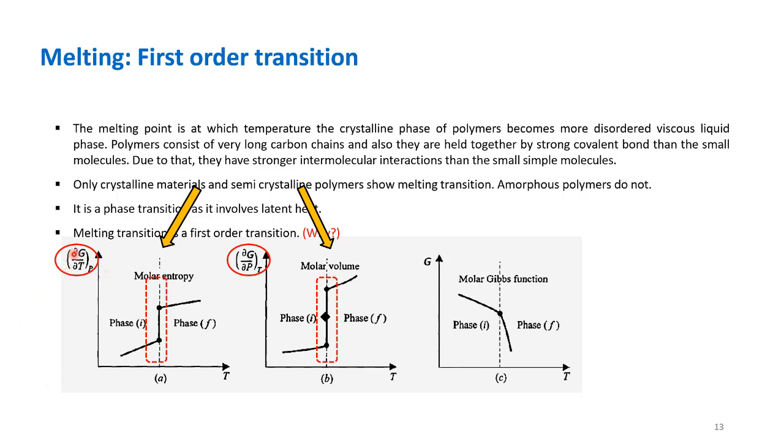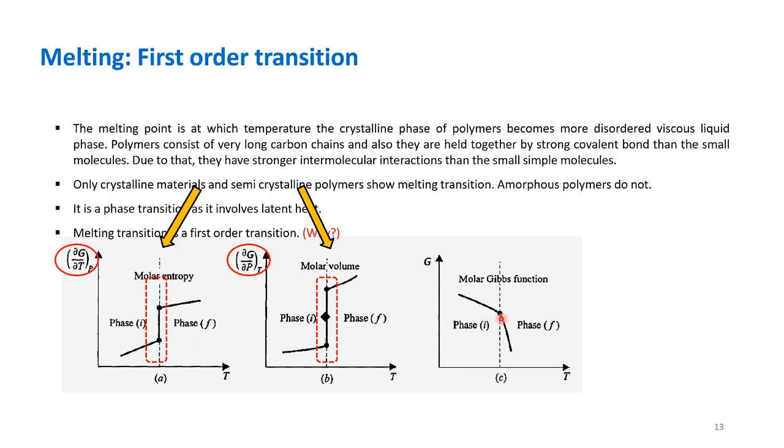From the Gibbs equation, you get this relation between delta G by delta T at constant pressure with respect to temperature, and then again this is delta G by delta P at constant temperature with respect to temperature. So these two are both very similar. We can easily differentiate the phase change with this hump occurring in both the cases.